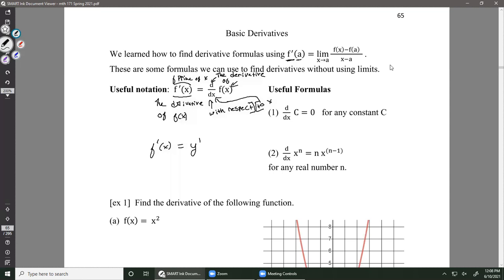And it's just going from function notation to equation notation. All right. So now some things that I give you.